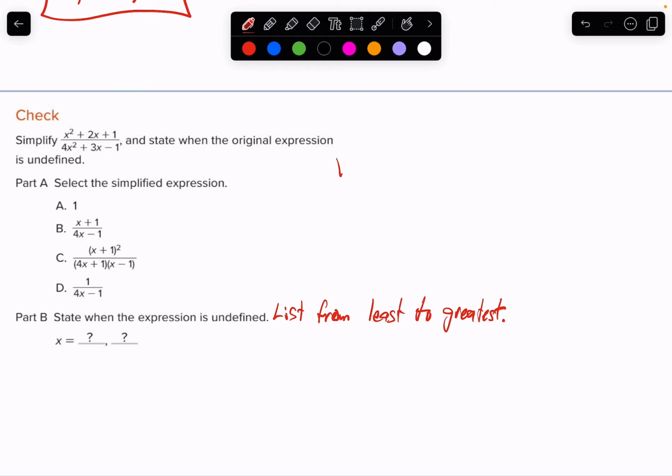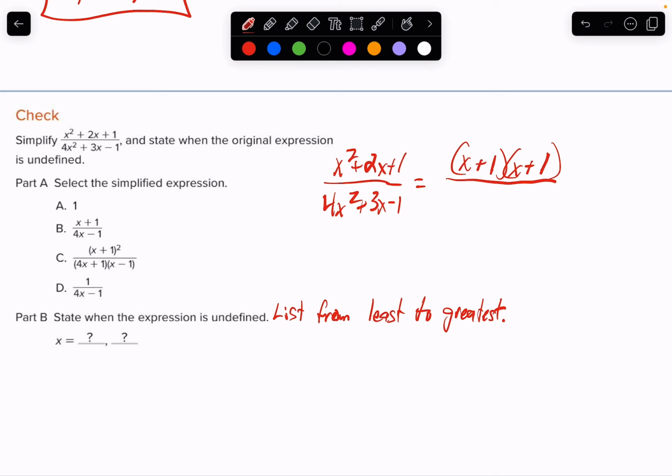Okay, here we go. We got x squared plus 2x plus 1 over 4x squared plus 3x minus 1. Do my parentheses on top. Each one gets an x. Factors of 1 that add to 2 would be 1 plus 1. So they're both positive. Now, oftentimes when you start doing these factorings, the top is a clue to what one of the bottom ones might be.